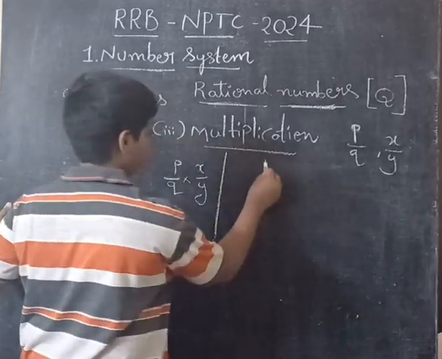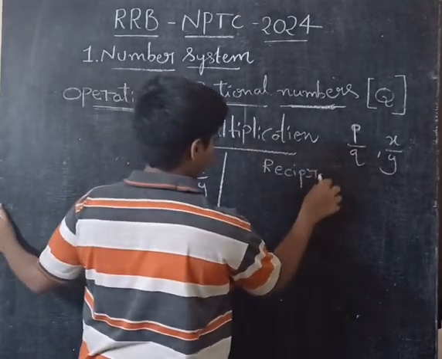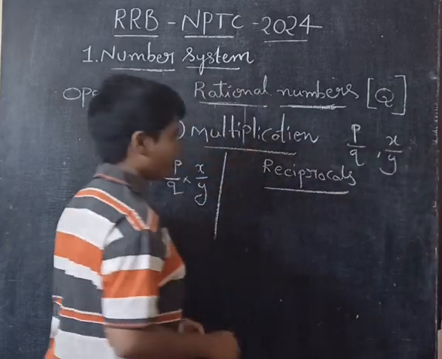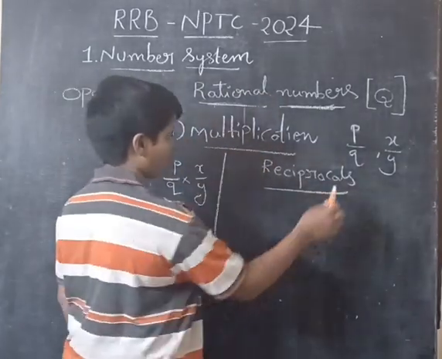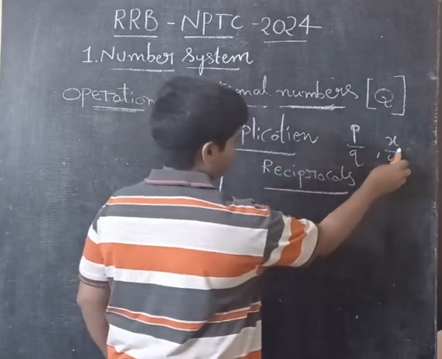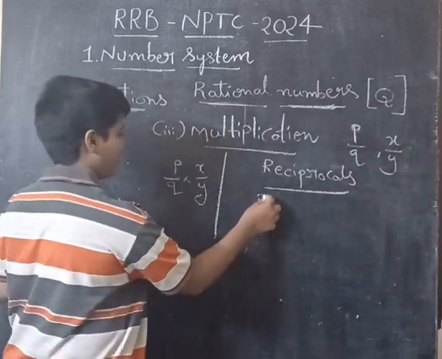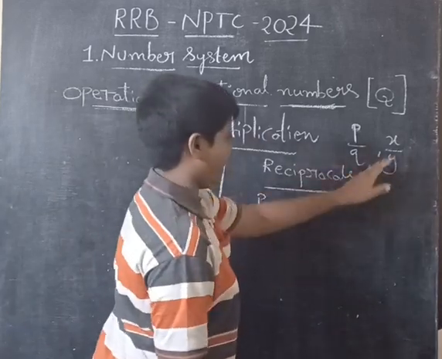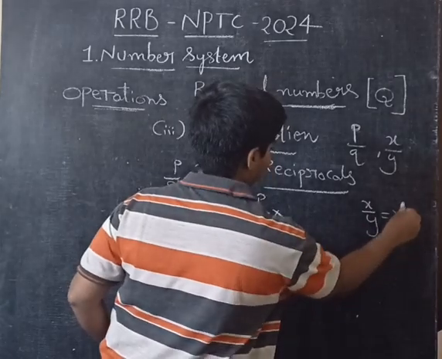Now reciprocals. In some questions they will ask: what is the multiplication answer of p by q and the reciprocal of x by y? It is p by q into the reciprocal of x by y. The reciprocal of x by y is y by x.